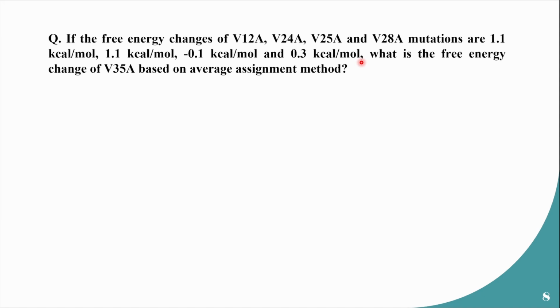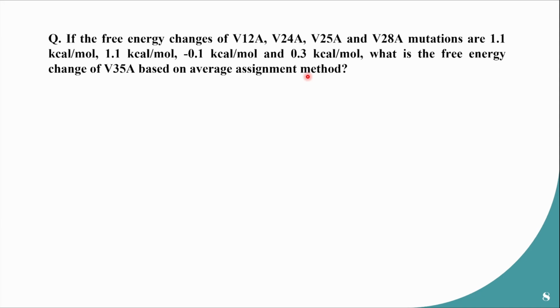So it is asking that based on the average assignment method, what could be the free energy change of a different valine to alanine mutation, which is present at position 35? So valine 35 to alanine, if that valine was to mutate, what could be the free energy change of that particular mutation? And it is asking us to calculate it based on this particular method, which is called the average assignment method.